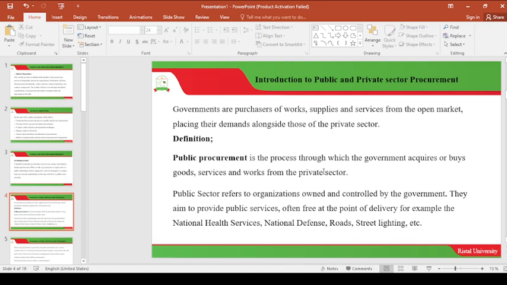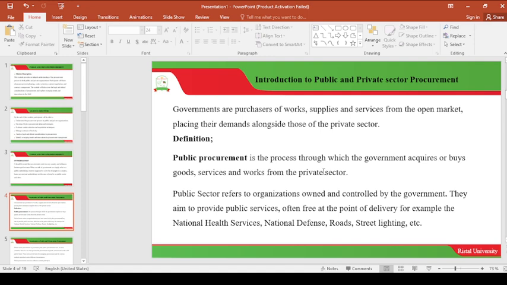Then national defense. The government may undertake public procurement for security purposes to bring peace in the country.